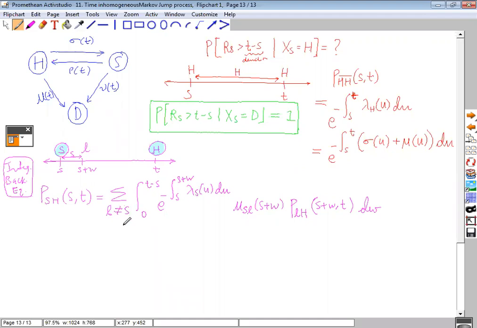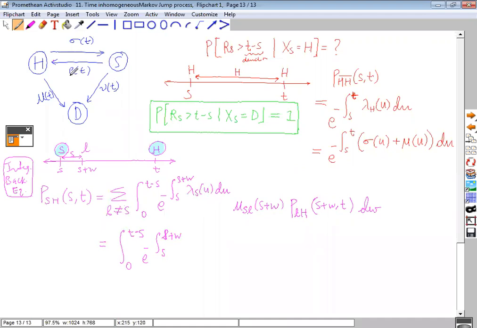So now, we know L cannot be equal to S and the transition to H from any other state is zero, so the only thing that I can have here instead of L is H. So this summation is no longer required, and all I can do is rewrite this thing. This will still be e raised to minus integration from S to S plus W. And instead of lambda S u, can I write something else here? I can write the whole transition out.